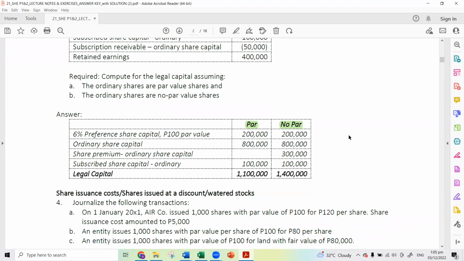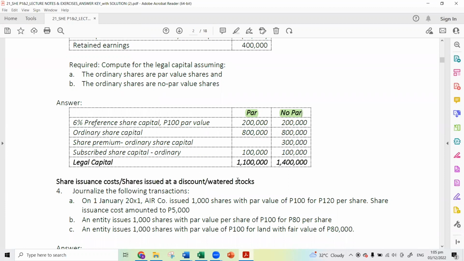So sa legal capital, kapag par value shares, ang legal capital mo is the aggregate par value of shares issued and subscribed. Okay? Pag no par value shares naman, the legal capital is the total consideration received or receivable from shares issued and subscribed.